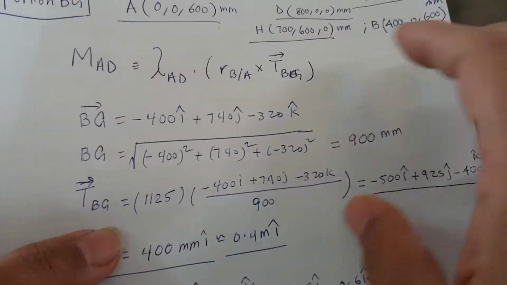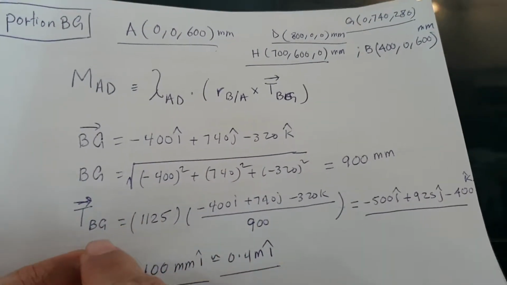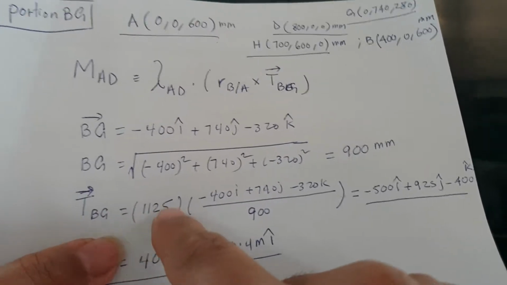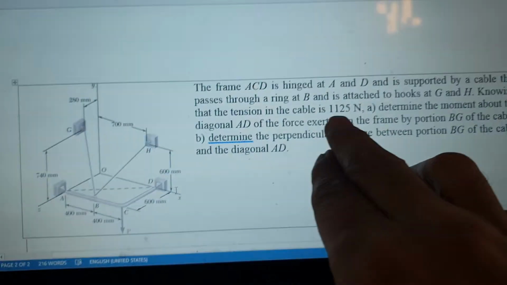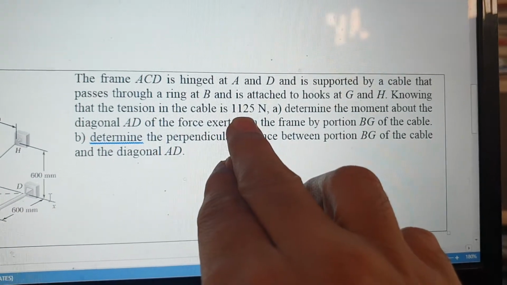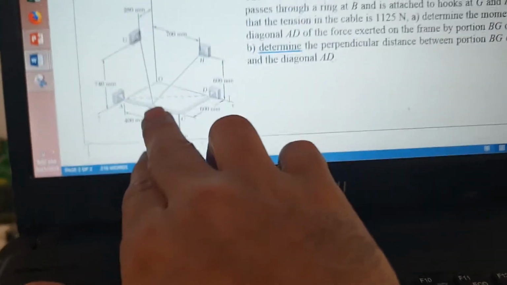And then to find the vector form of the tension BG, he told you that the tension is 1,125, remember? That's the tension of the cable. And you should know that this cable and this cable have the same tension because there's a ring here at the bottom.